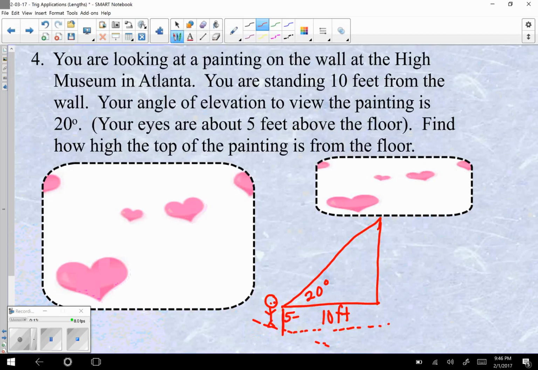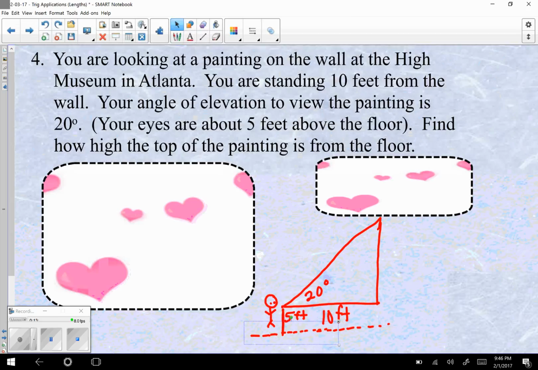That's what that's saying. All right, let me see if I can get that to go back straight. Okay. All righty, so it wants to know how high the top of the painting is from the floor.